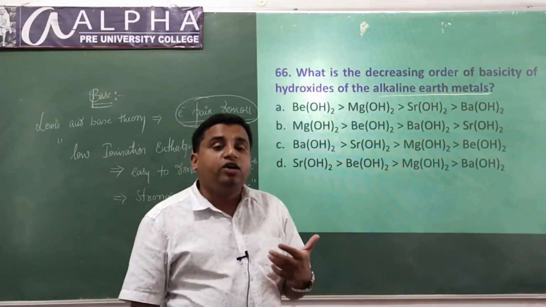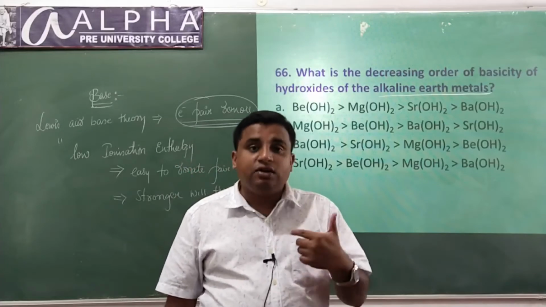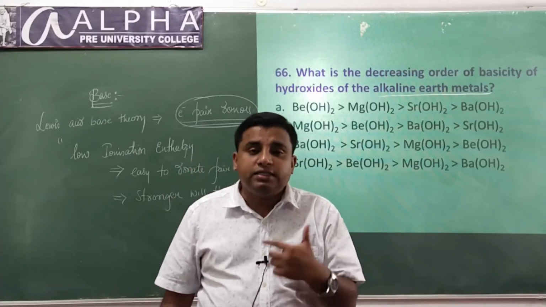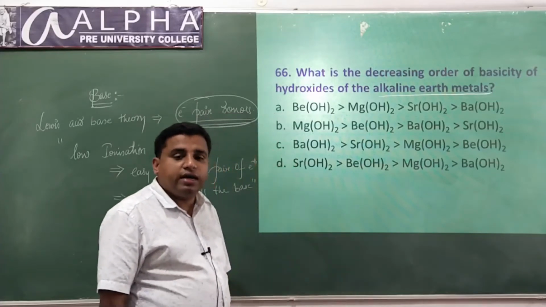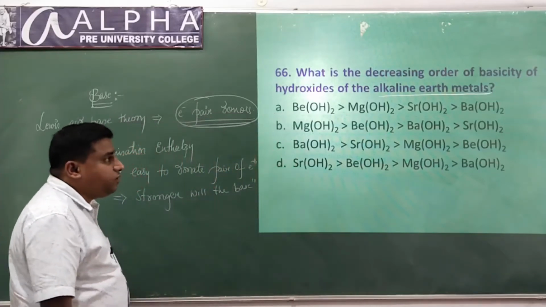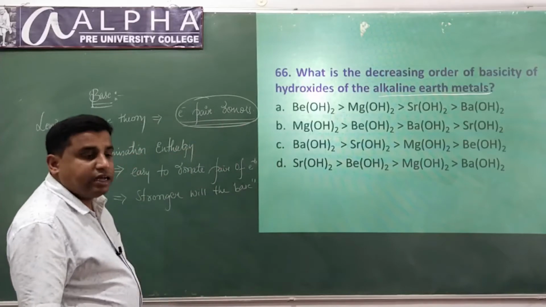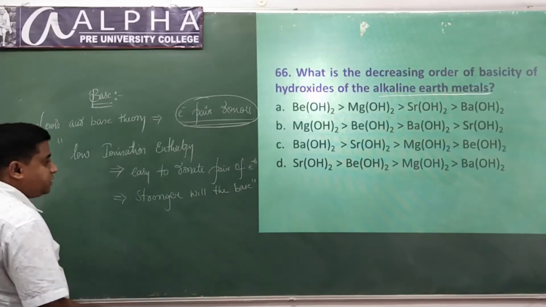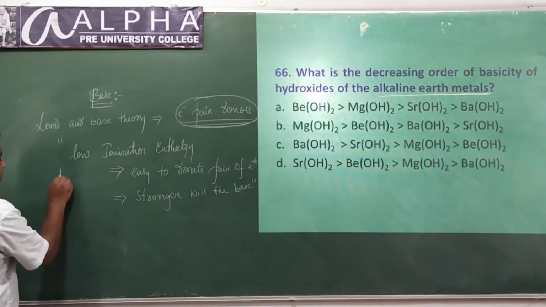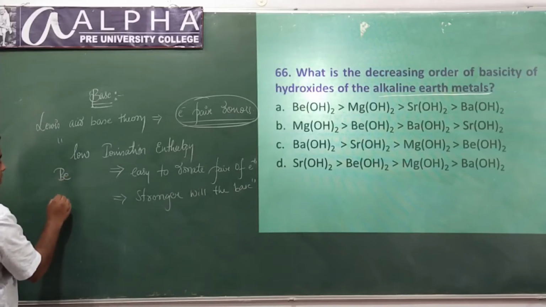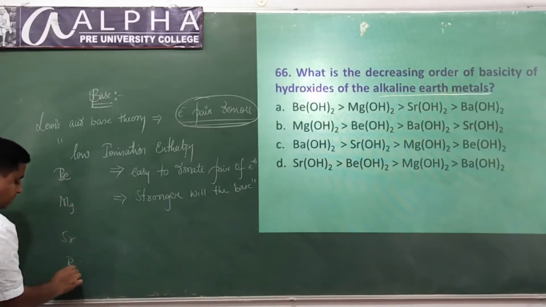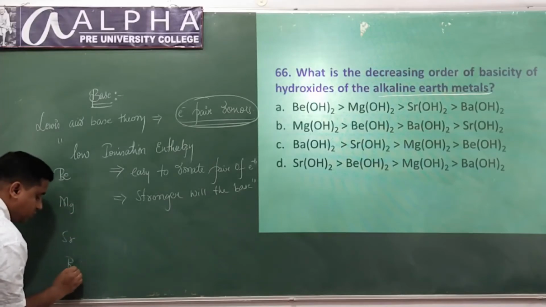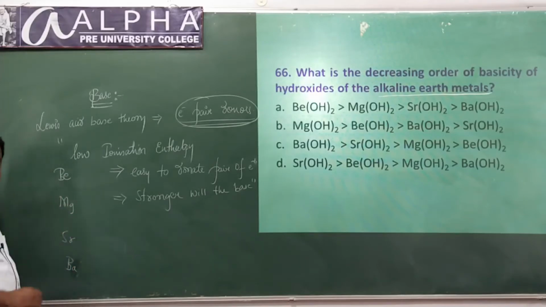Lower the ionization enthalpy, easier will be the donation of electrons. Easier the donation of electrons, stronger will be the base. Understood? Now we have different alkaline earth metals. Which are those given here? We have been given beryllium, magnesium, strontium and barium. Hope you can see this.